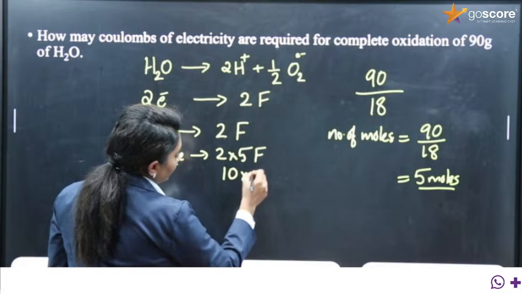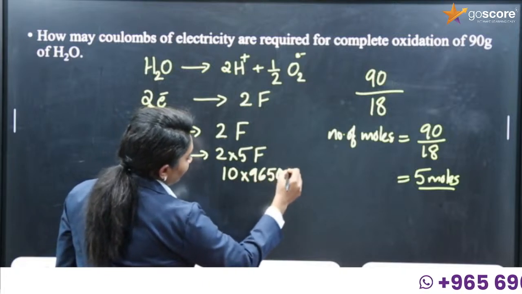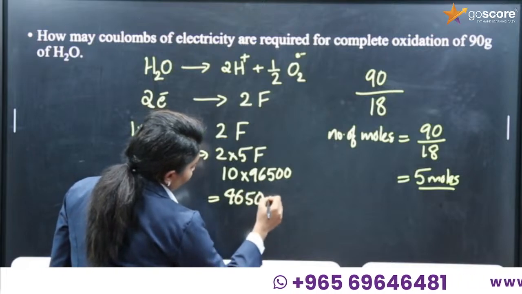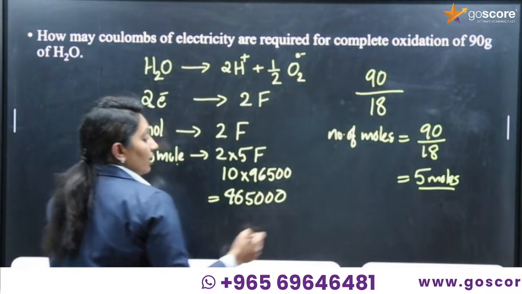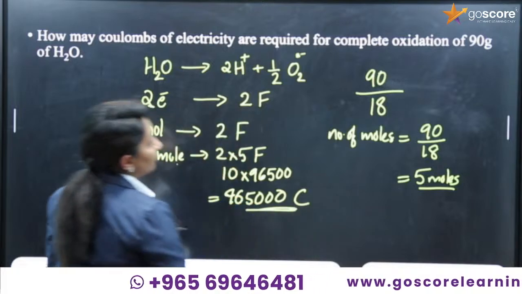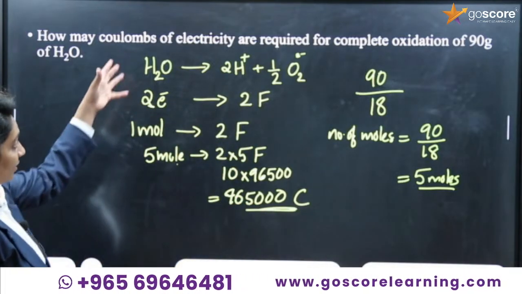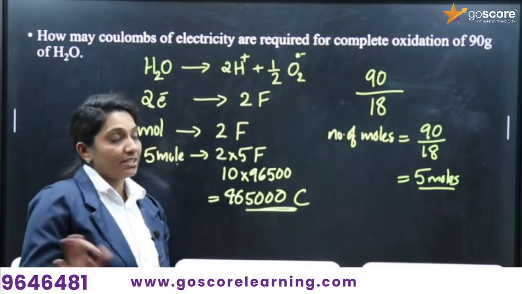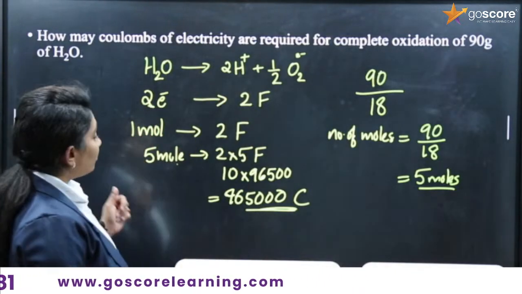That means 10 into 96,500, that is 965,000 coulombs of charge is required. This much electricity is required for the complete oxidation of 90 grams of H2O.